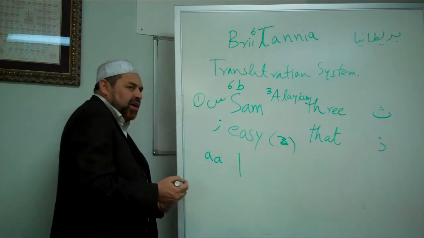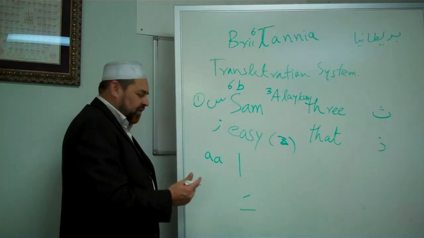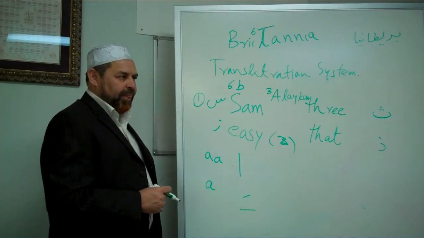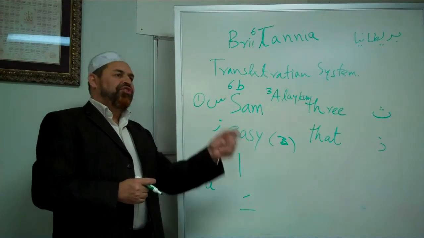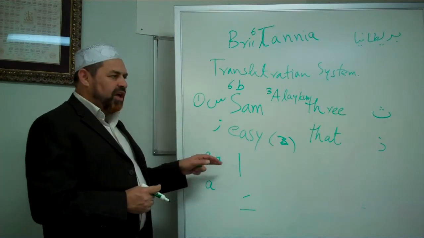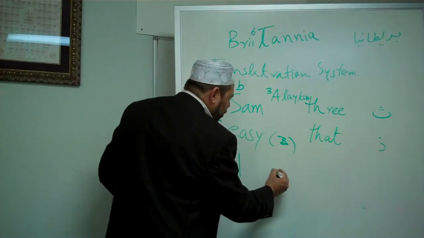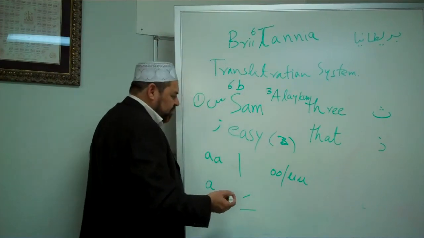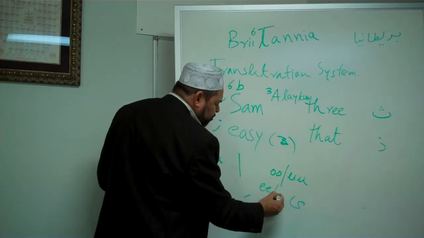And if you want to represent the fatha, that is a short vowel, then you will see only a single A. Short vowels in Arabic have the same duration as short vowels in English, A, E, I or O. But the long ones are double. For alif you have 2 A's, for waw you have 2 O's or 2 U's, and for ya, you have 2 E's or 2 I's.